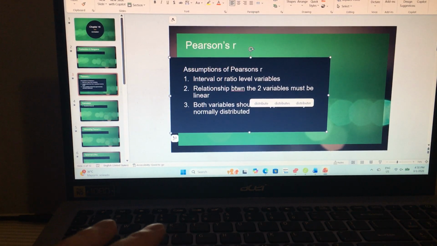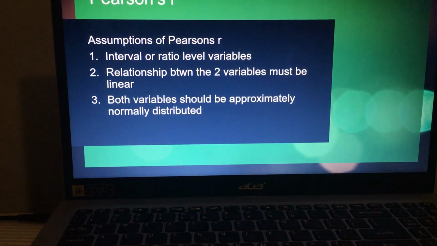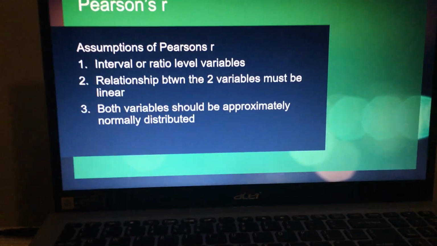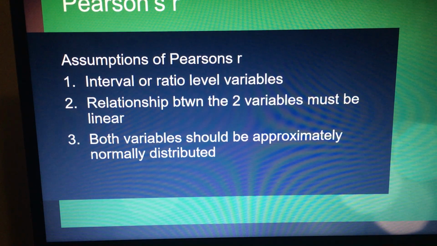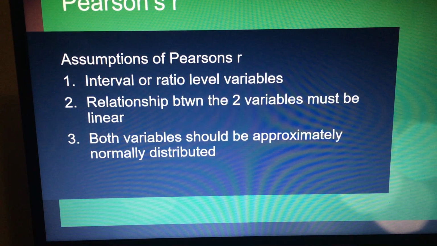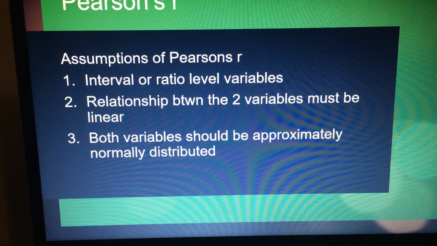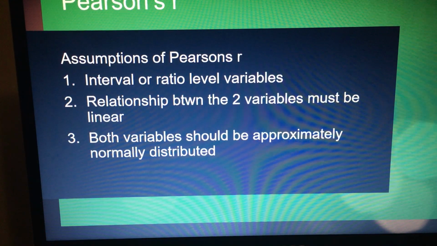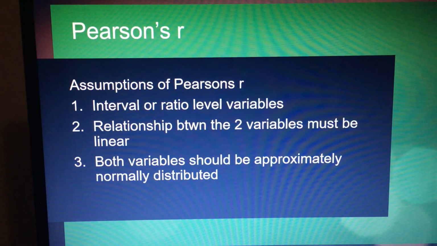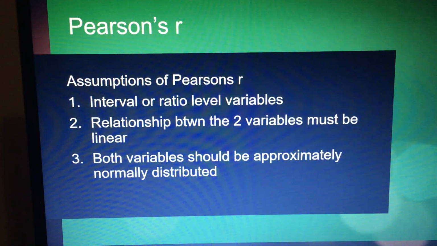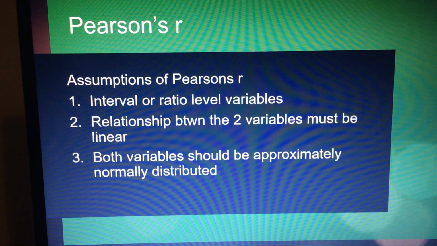So there are our assumptions. Now, Pearson's r is relatively robust, and this means that it can handle some deviation from normality.